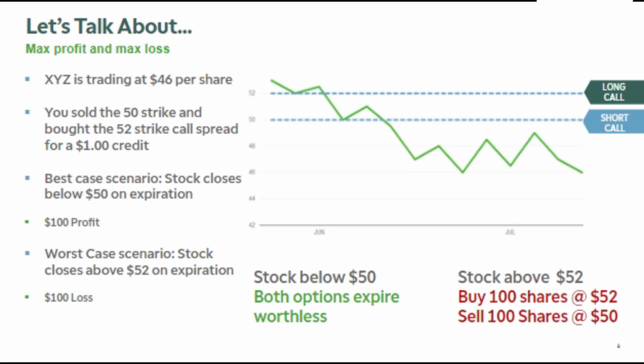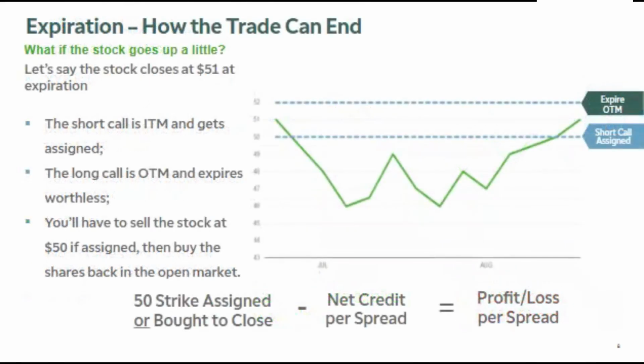Okay, how the trade can end. So what if the stock goes up a little? Now, this is interesting because on the previous slide, we were just talking about best and worst case scenarios, if the stock is below 50 or above 52. But what if it's right in the middle? So let's say the stock goes up and closes at 51 on expiration.